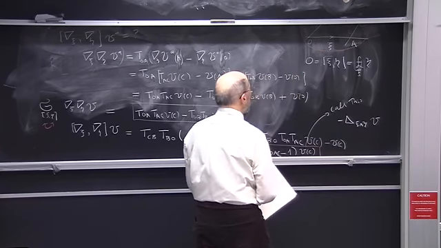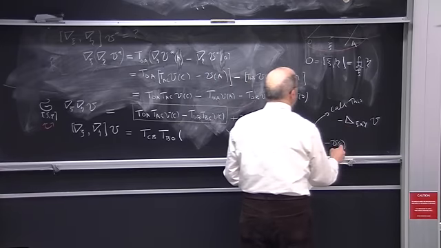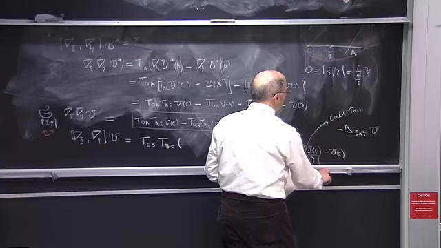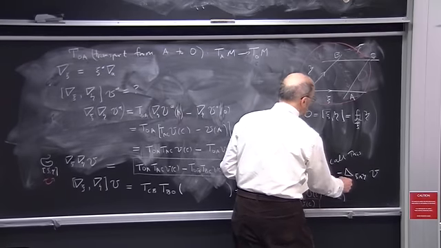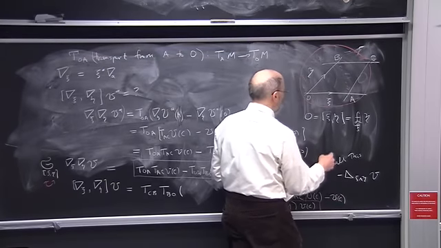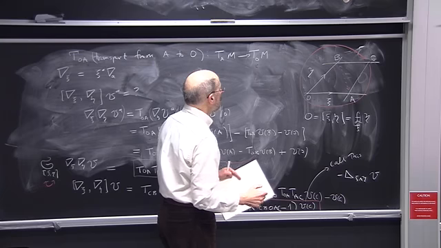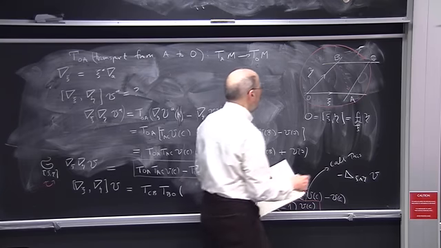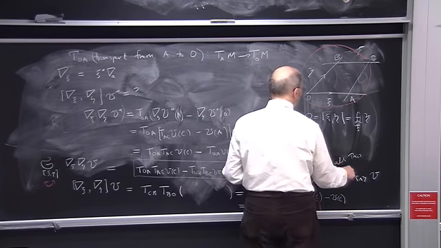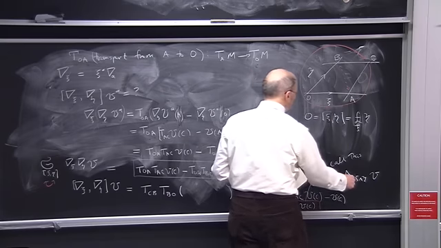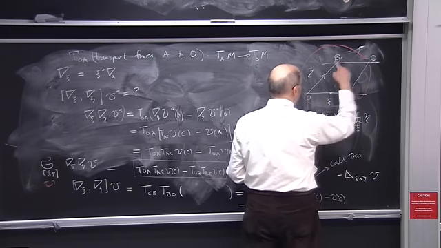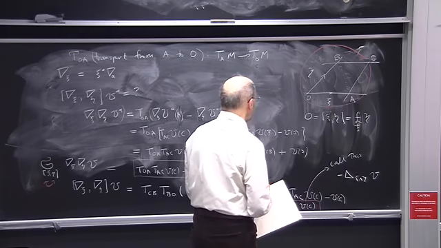This symbol means the change in V if you parallel transport it around a parallelogram formed by the two vectors C and eta, and I've chosen the convention so that you go first along C and then along eta, just pure convention.